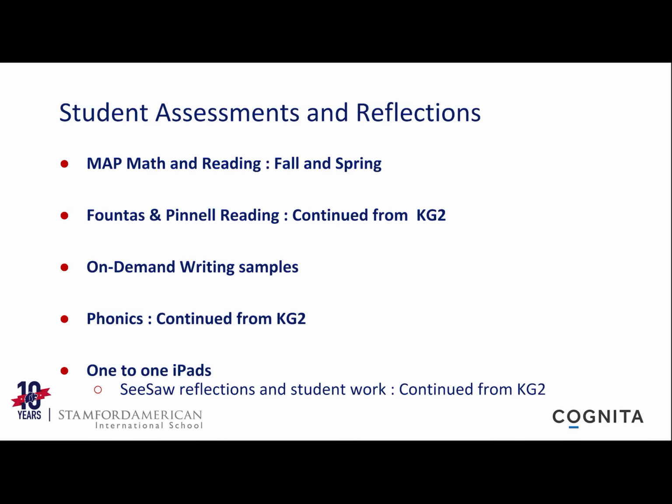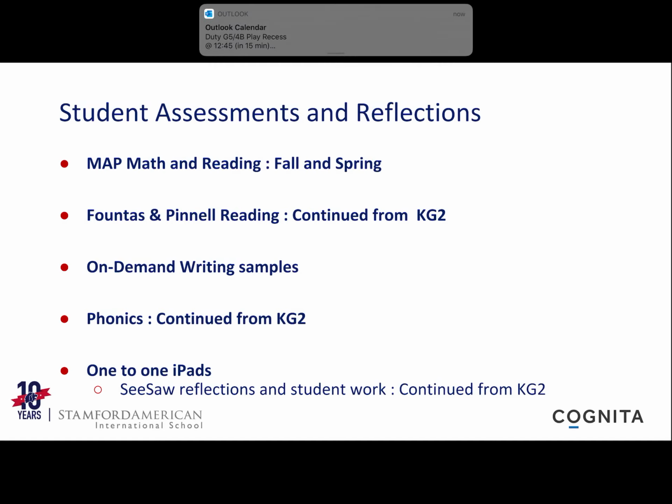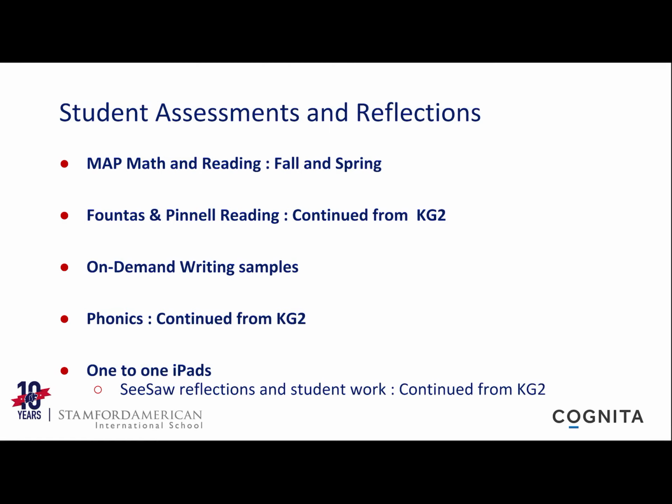Some information on the assessments that students will take next year. They will start the MAP, Math and Reading assessments, and we do those twice a year in fall and spring. MAP stands for Measure of Academic Progress, and those are external assessments that allow us to have a look at data across the school and beyond and compare to some normed data.